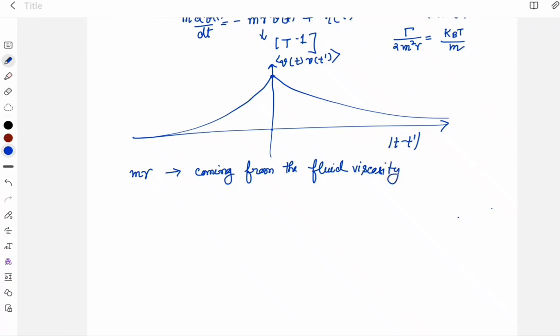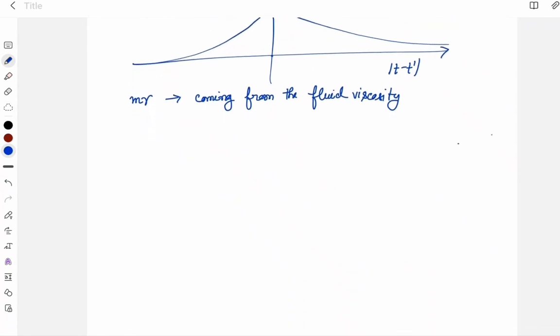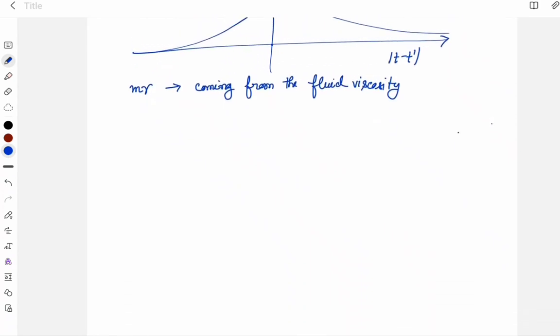Before doing that, let us first derive the expression for the diffusion coefficient for the diffusion of the Brownian molecules in the fluid. So let us define a displacement vector.